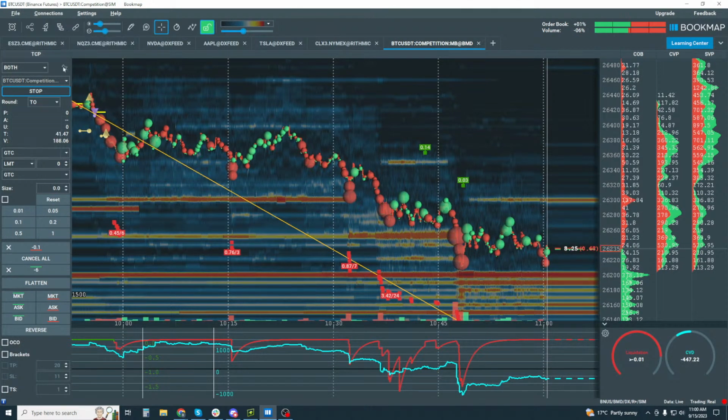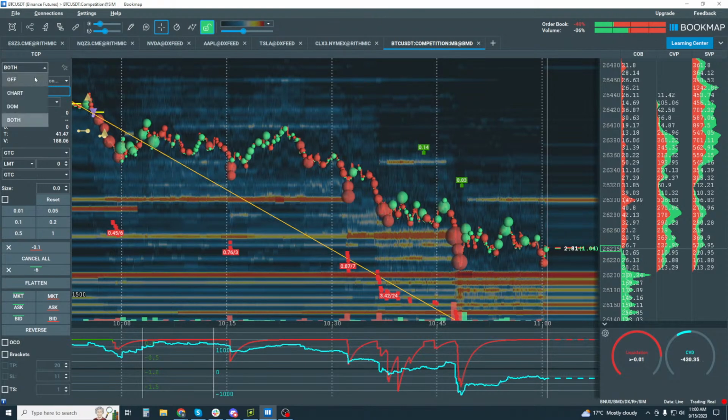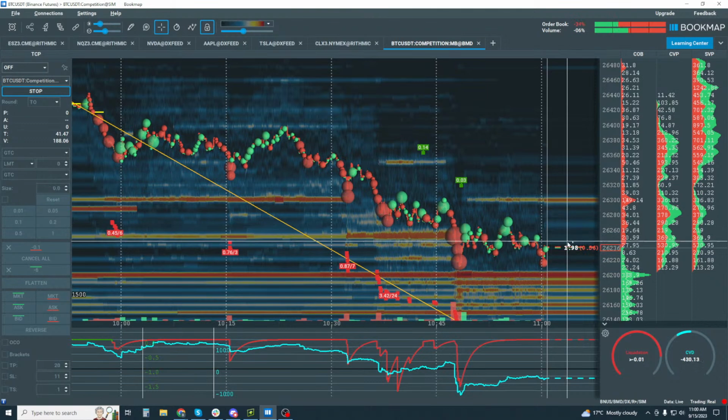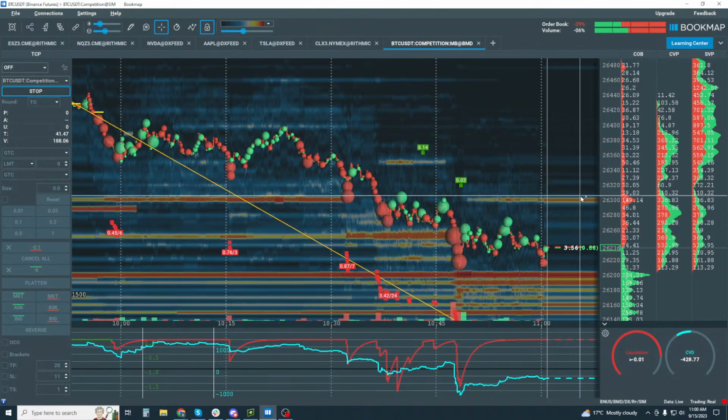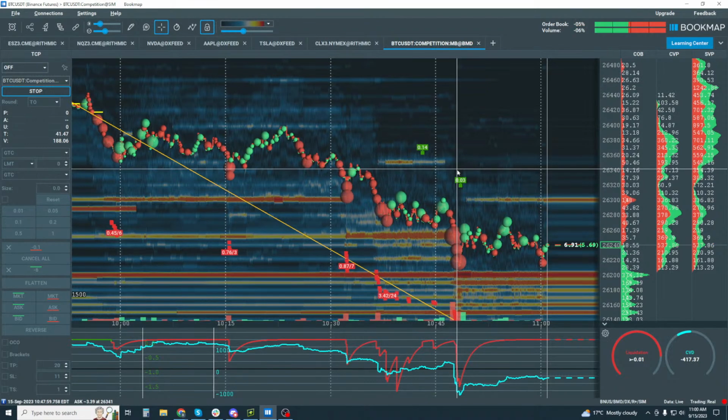Once you've done that, select BTC USD as the competition on the drop down, and then you'll hit start. So what this does, just so you guys know, is that this will set you up very nicely. You'll be looking at Bookmap data, and you'll be trading into your simulator account.